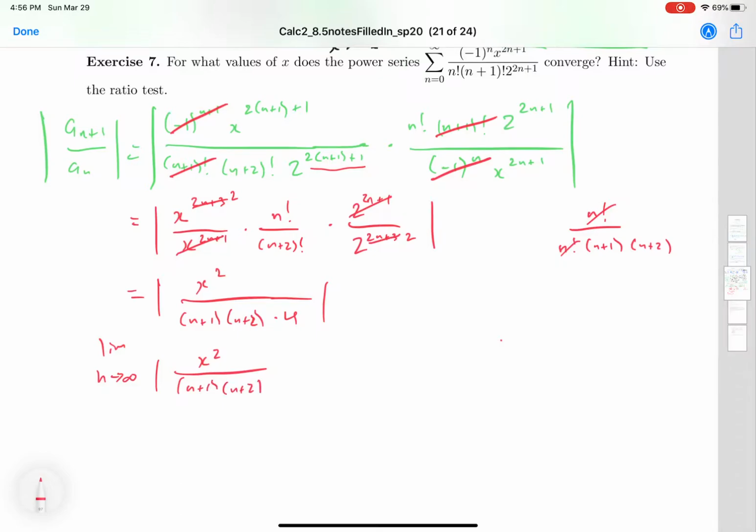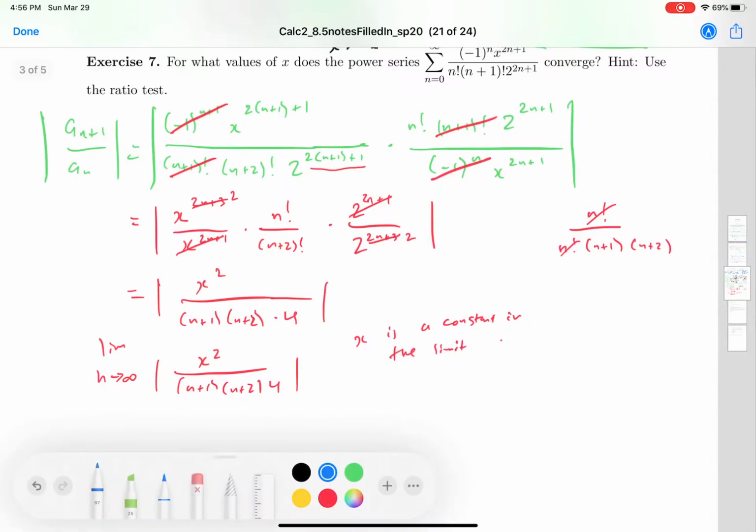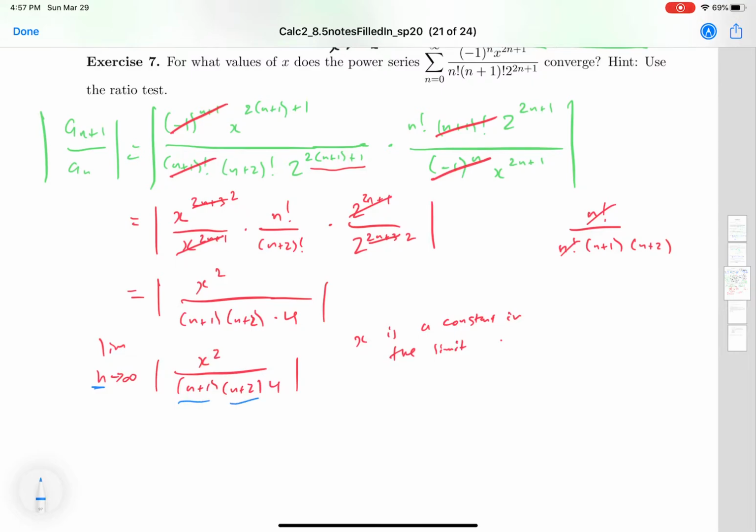And the thing to remember here is that my x is a constant in the limit. This limit is really just looking at what happens as n goes to infinity. If I choose a particular value for x, suppose x is 100, I'm going to have 10,000, that's 100 squared. But as n goes to infinity, these two things on the bottom are going to go to infinity and get huge.